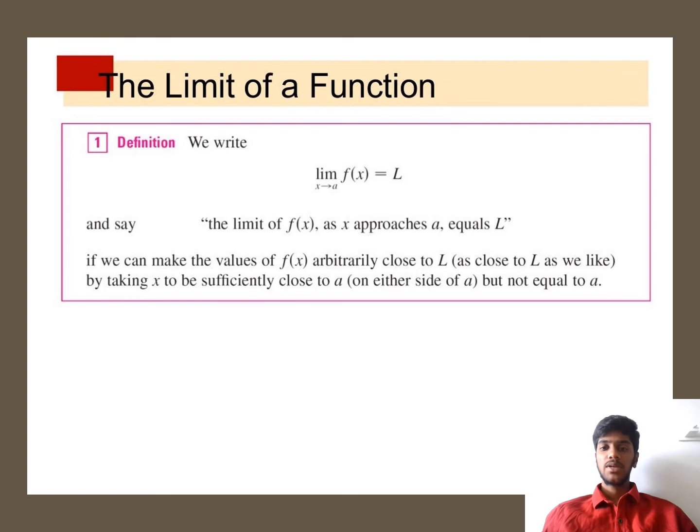We write limit as x tends to a of f(x) equals L, and say the limit of f(x) as x approaches a equals L, if we can make the values of f(x) arbitrarily close to L, as close to L as we like, by taking x to be sufficiently close to a on either side of it but not equal to a.